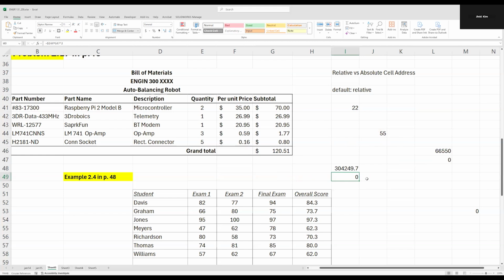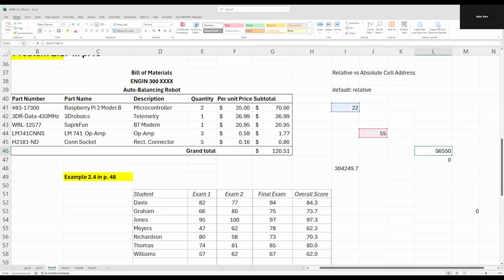If I want to lock my row number as well, I can put a dollar sign in front of my 41. So now wherever I copy this, it's always going to reference this location, because my column number is locked and my row number is locked as well.